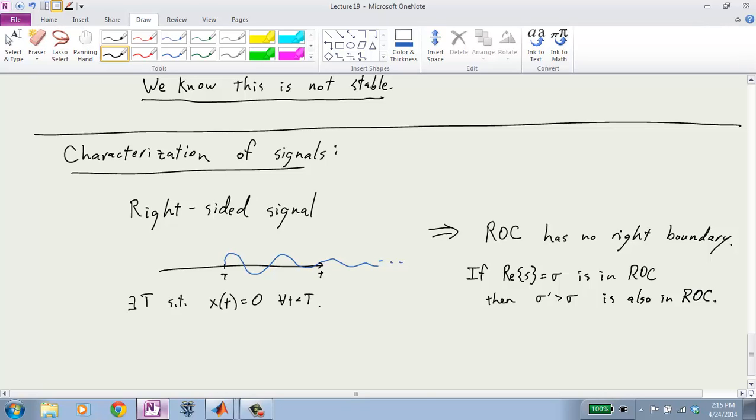Is it clear why that happens? Can someone give an explanation? Why would this be true? Yes? Exactly. Because if we already got it to converge for some exponential, by increasing sigma, it tapers off faster to the right.